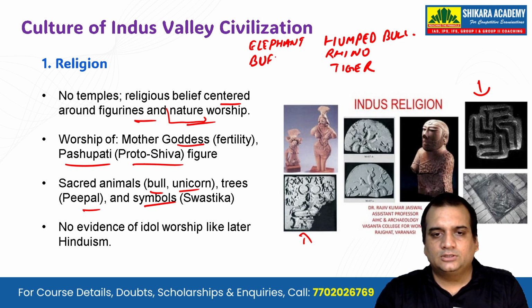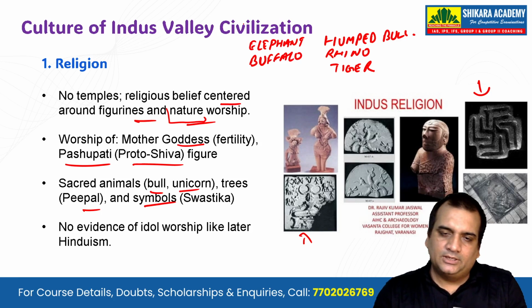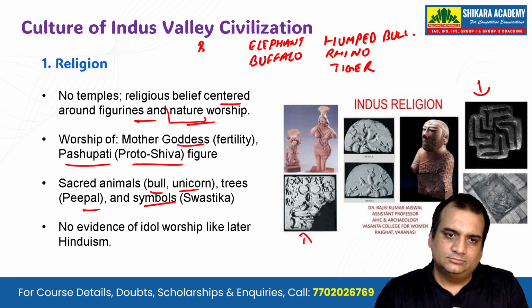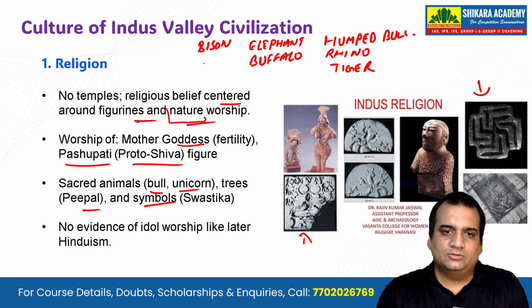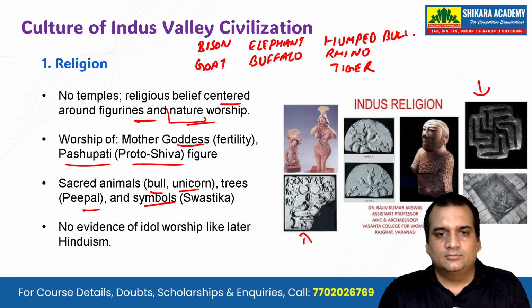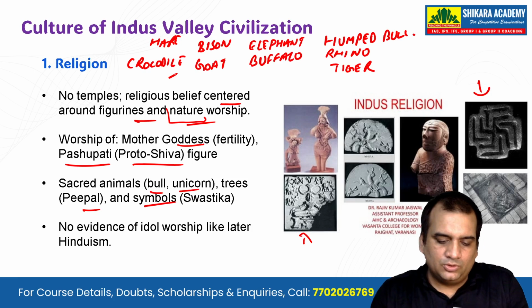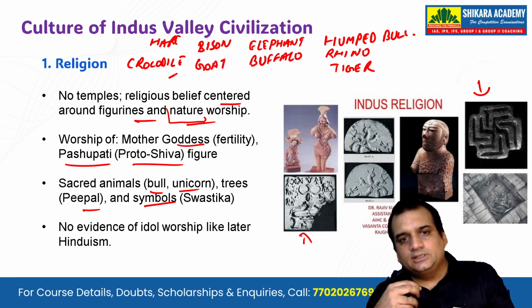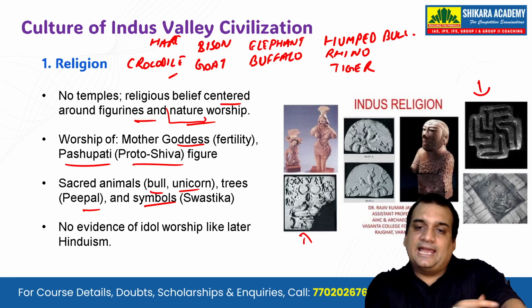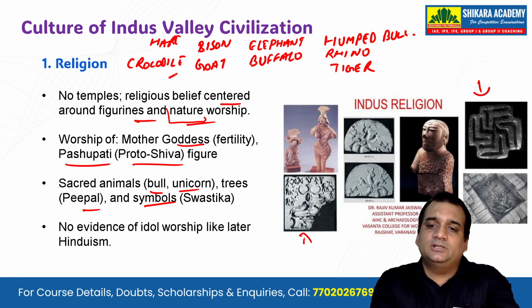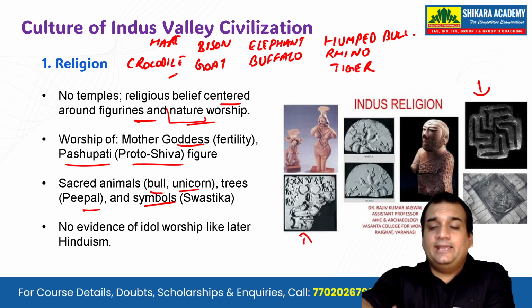Along with buffalo, we saw, if you remember, bison, then goat, then hare, sorry guys, then crocodile. Okay, so if you count it, you will see that there are 9 animals represented in the seal.